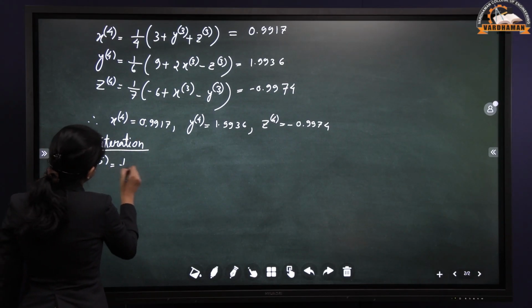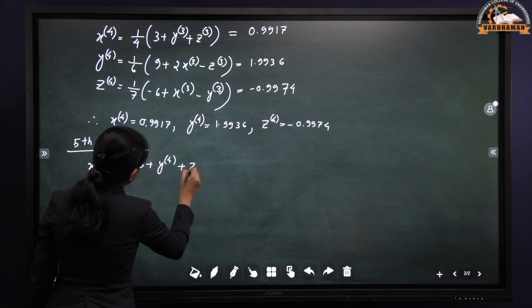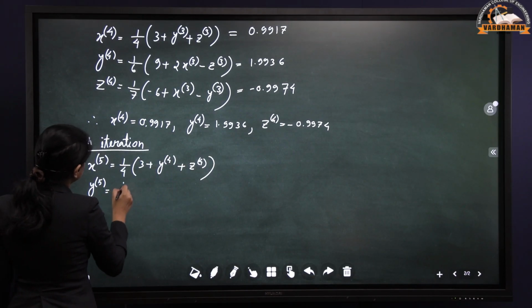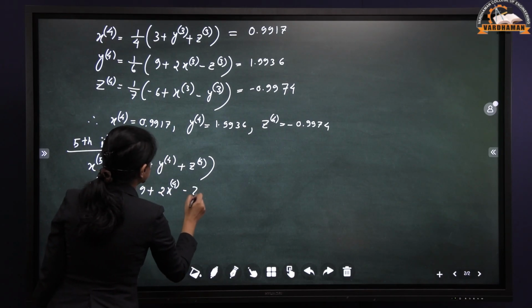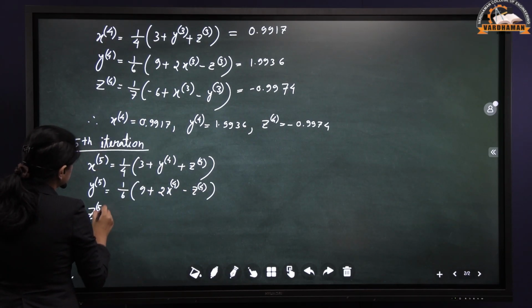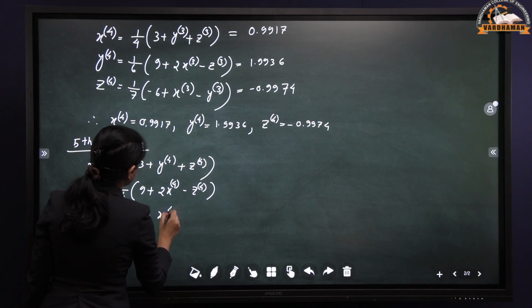Let us now find the fifth iteration using this fourth iteration approximate values. x5 will be equal to 1 by 4 times (3 plus y4 plus z4). y5 is equal to 1 by 6 times (9 plus 2x4 minus z4). z5 is equal to 1 by 7 times (minus 6 plus x4 minus y4).